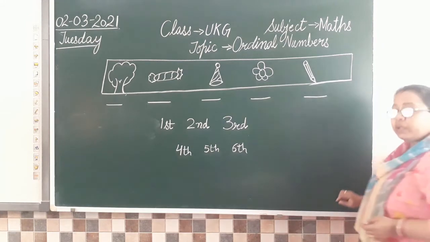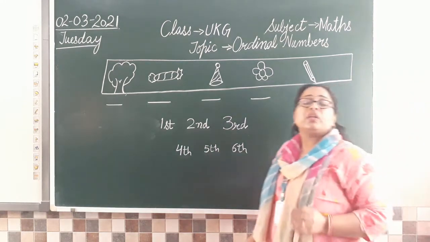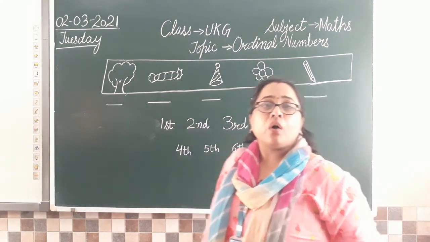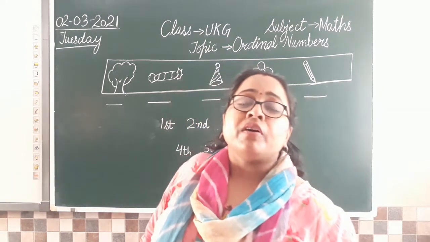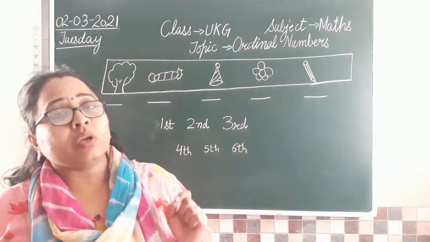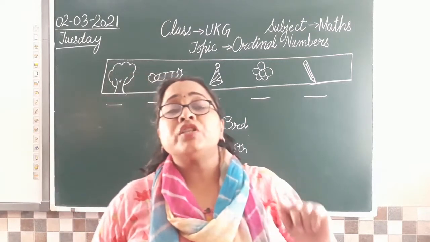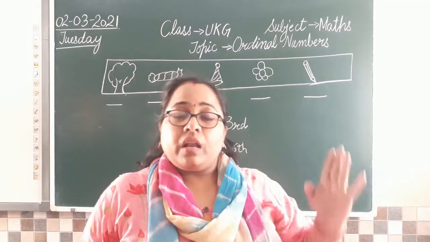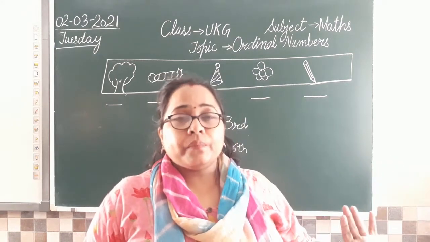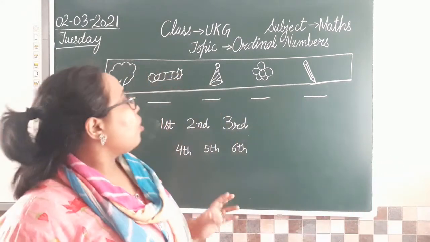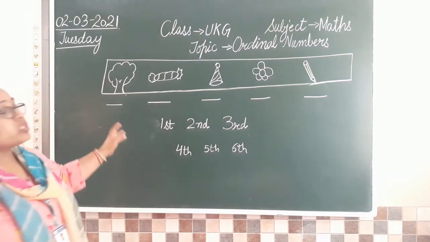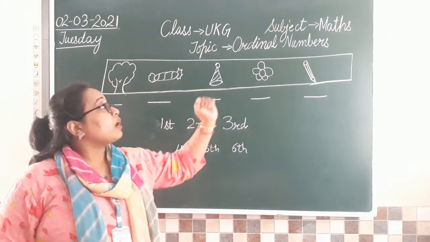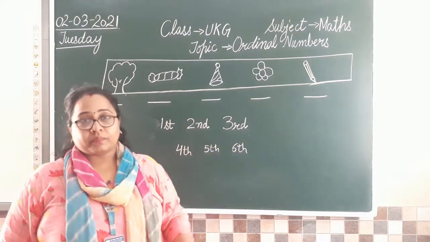So whenever you are asked to tell the ordinal numbers, how are you going to do it? You will first read properly the given question to see from which object you have to start the line. Whether to start from left or right, it will be given in this way, and it will be asked to start from tree, to start from pencil, like this.